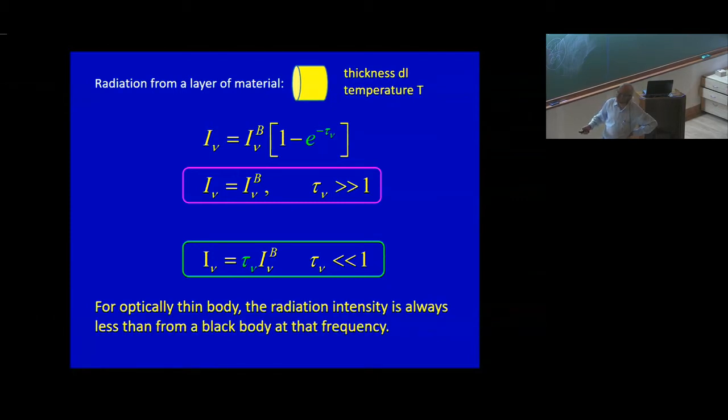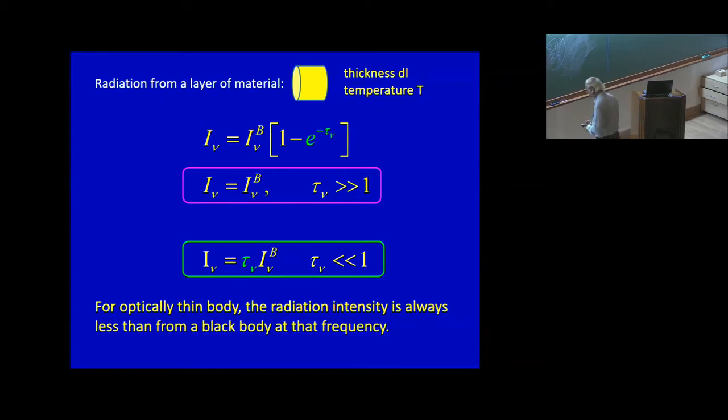It will emit the black body spectrum multiplied by tau nu. Therefore, for an optically thin body, the radiation intensity at every frequency is always less than that from a black body at that frequency. Okay?